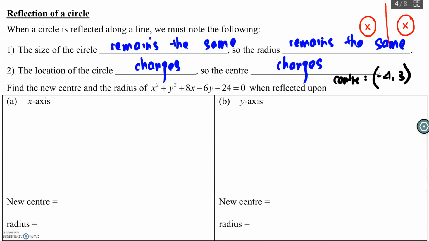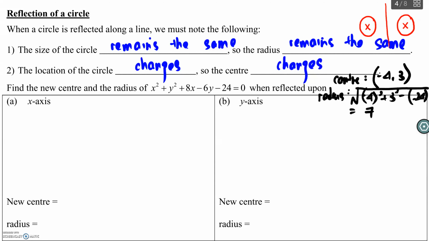After you have obtained the center, you can find the radius using the formula you have learned previously. And you will get 7. So, our center is -4 and 3 with our radius being 7. We are ready to do part 1.